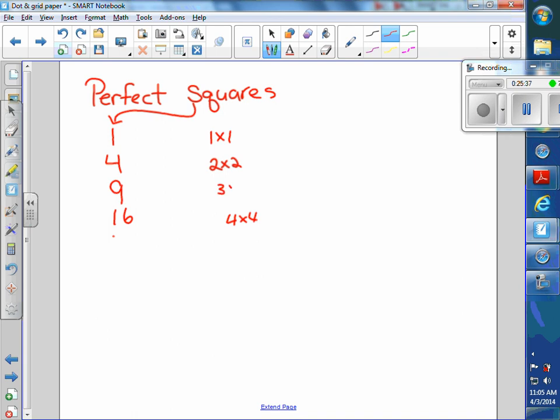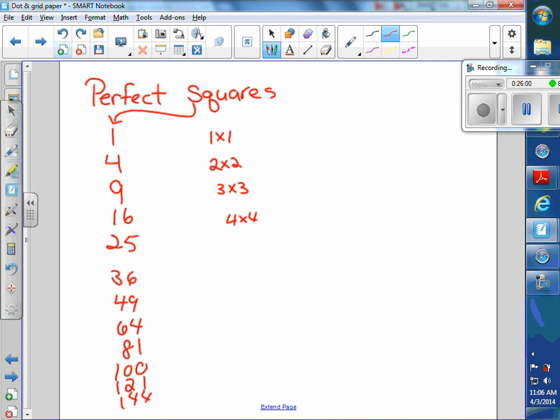This came from 3 by 3. So 25, 36, 49, 64. 8 squared, right? 9 squared, 10 squared, 100, 11 squared, and 12 squared, 144. Okay, and there's an infinite number of these, right?